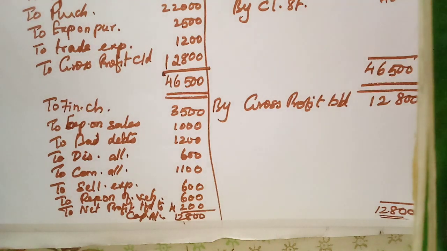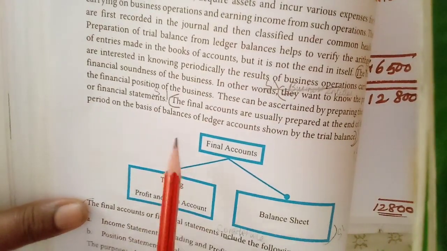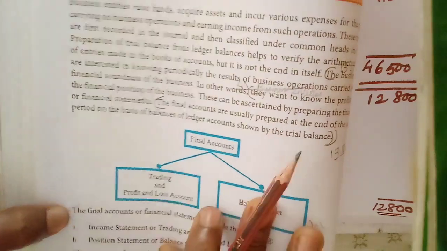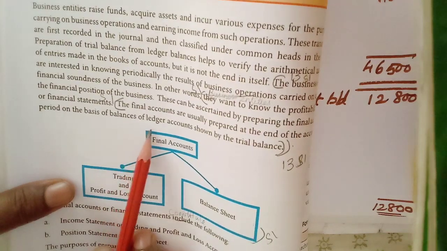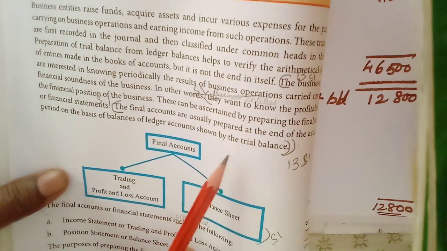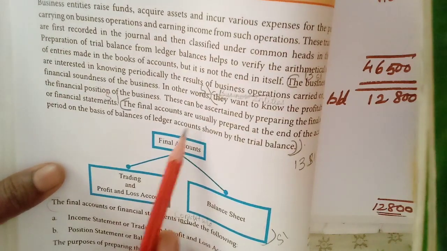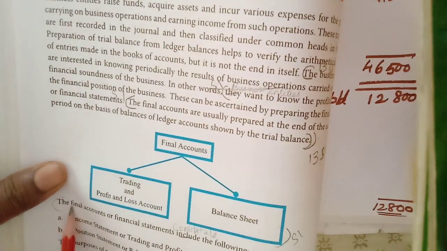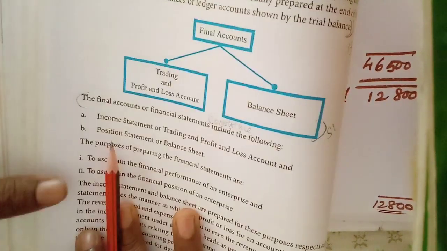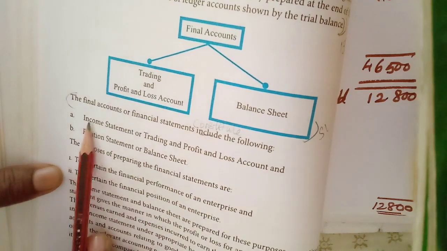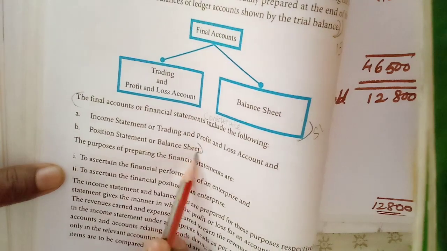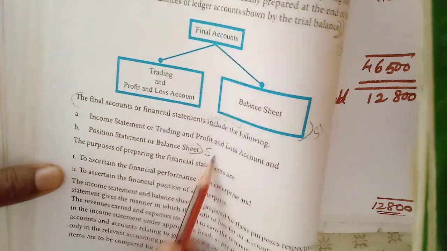The first paragraph, last sentence: the final accounts are usually prepared at the end of the accounting period on the basis of balances of ledger accounts shown in the trial balance. That is final accounts. Okay. Then constituents, that one you have to write like this: the final accounts or financial statements constitute the following: A and B. Okay, up to here.